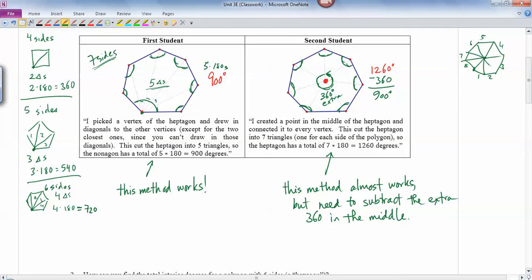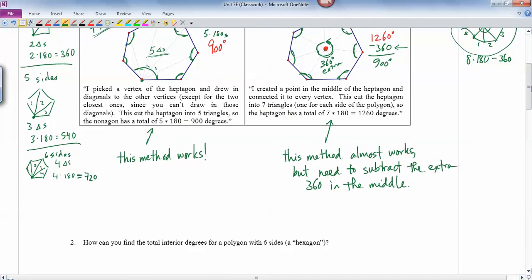So you can just say, it's however many sides I have, 8 triangles, each 180, and then get rid of that extra 360 in the middle. So you can do it that way too. I actually like this method better, the second student's method, as long as you remember to subtract the extra 360, because it comes in handy later on in the school year. We'll be doing problems where it makes more sense to cut from the middle.